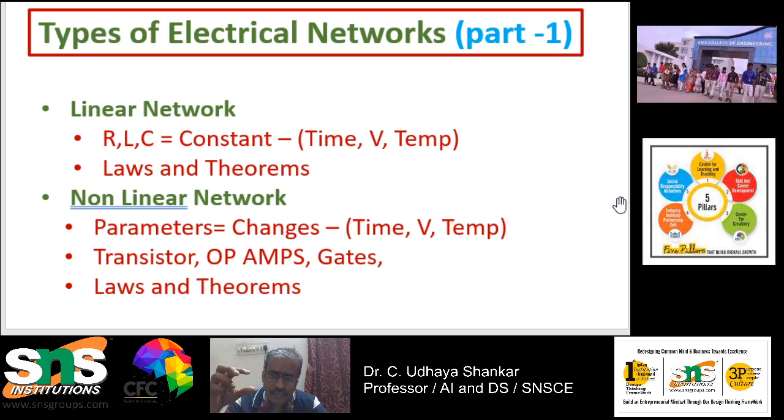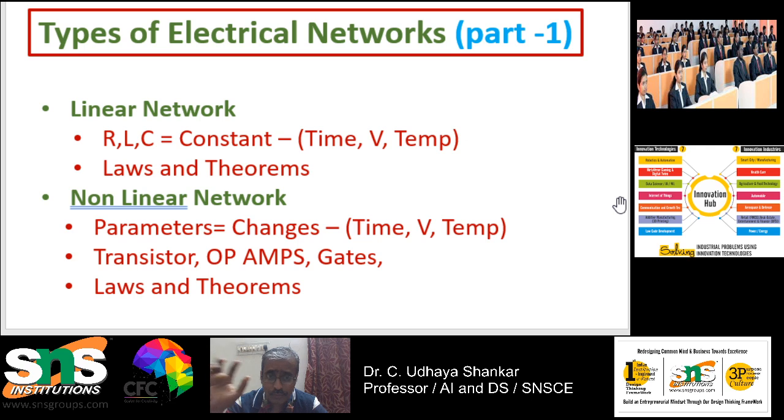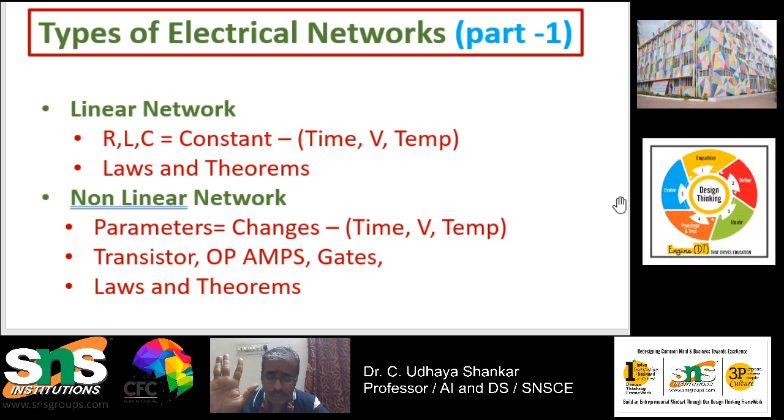In this network, we cannot apply Ohm's law and the superposition theorem. Please understand, if you apply Ohm's law and the superposition theorem to a non-linear network, it will not show the correct results. They are applicable only for linear networks.